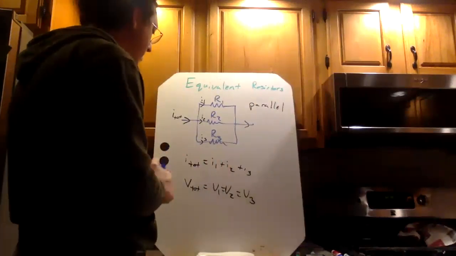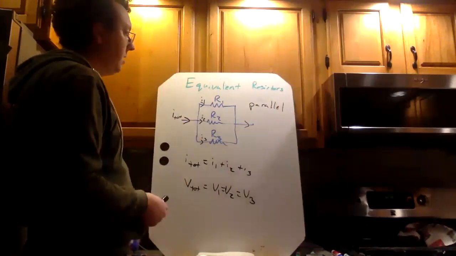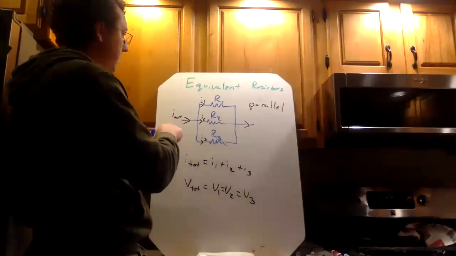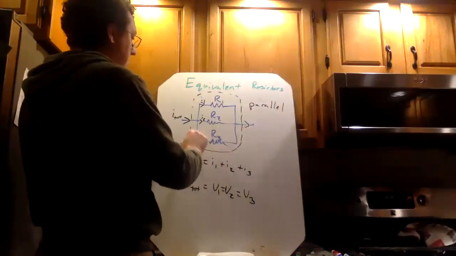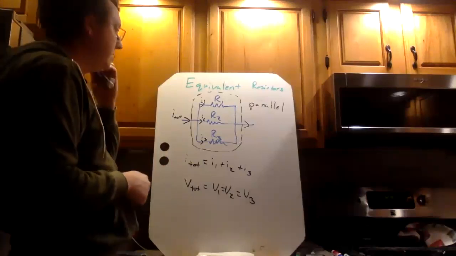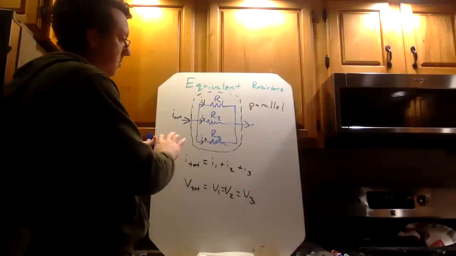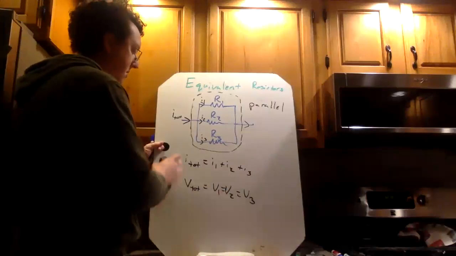As opposed to series. Okay, my strategy for combining these into some kind of overall effective resistor is to take the thing which adds and divide it by the thing which is constant.